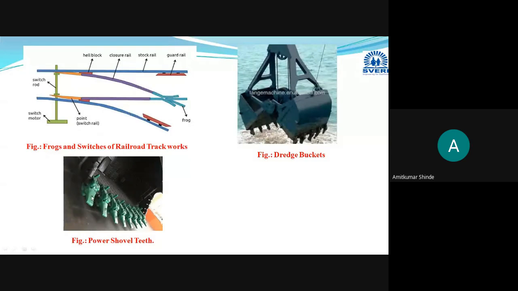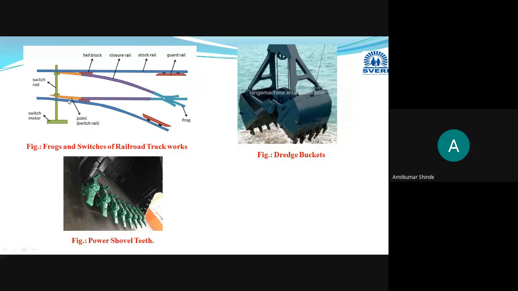These teeth are manufactured with the help of Hadfield steel or manganese steel. Then there are the power shovel teeth, which are manufactured along with these dredge buckets. All these are manufactured from manganese steel.